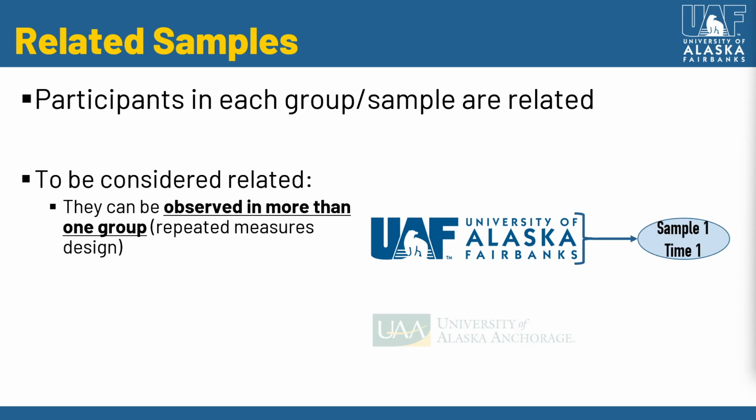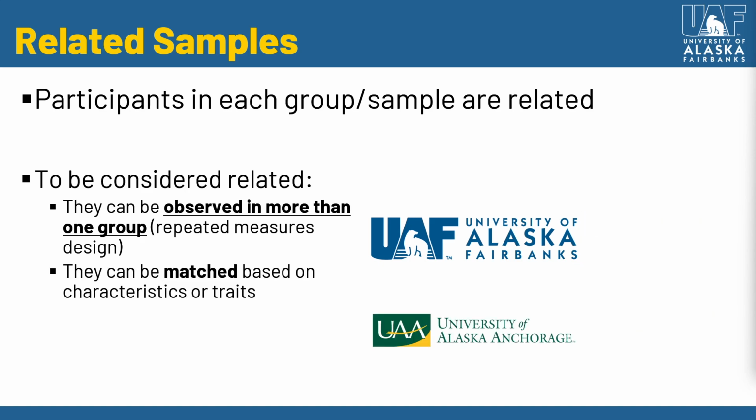Say in this example, again, only UAF students, I'm looking at time 1, and then I follow those students and look at them again at time 2. Maybe I want to understand people's experiences between their first year and graduation, right? So I give them a survey in their first year and then another at graduation.